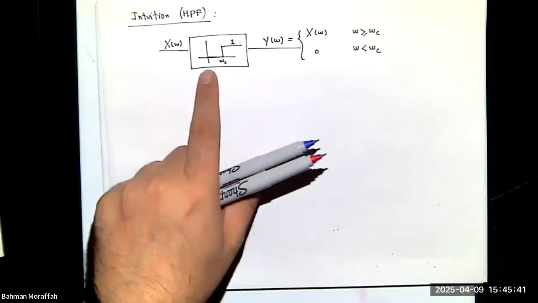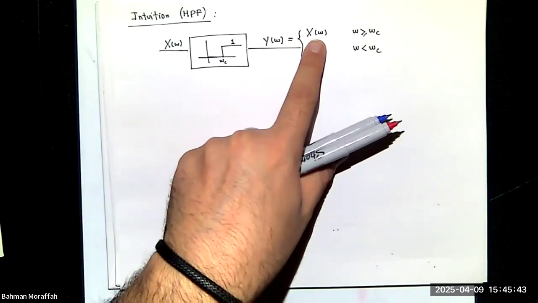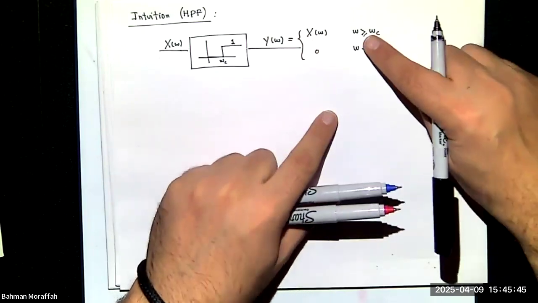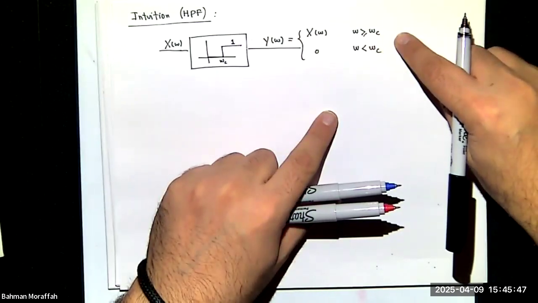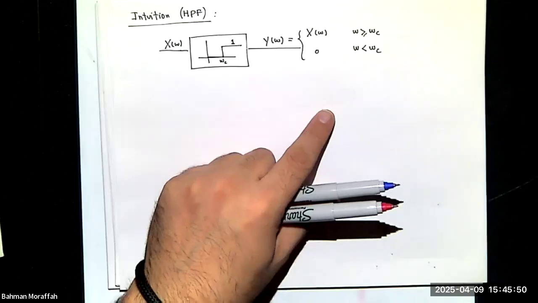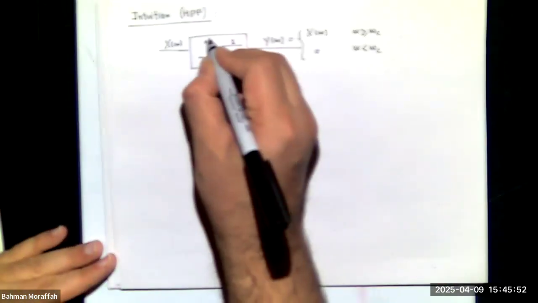If you compute this H, it's Y of omega divided by X of omega, so it's 1 for all omegas greater than omega c, and 0 for less than.